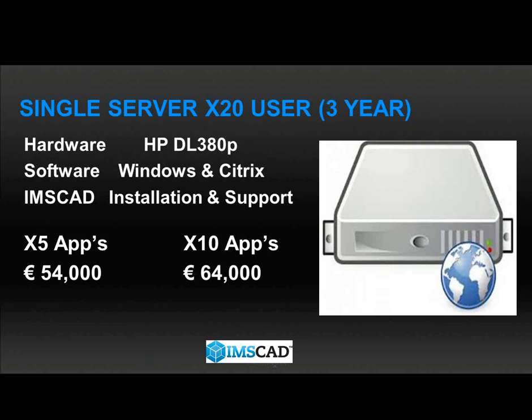We would be looking there at 128 gig of RAM, 300 gig hard disks, upgraded power supplies, various things that it needs. And in this case, we'd be looking at a couple of Quadro GPU cards. Now, these are only fairly small GPU cards in this case that I picked for this. But if I tell you we would be looking at this kind of server, we would support 20 users, and I put figures there for 5 apps or for 10 apps.